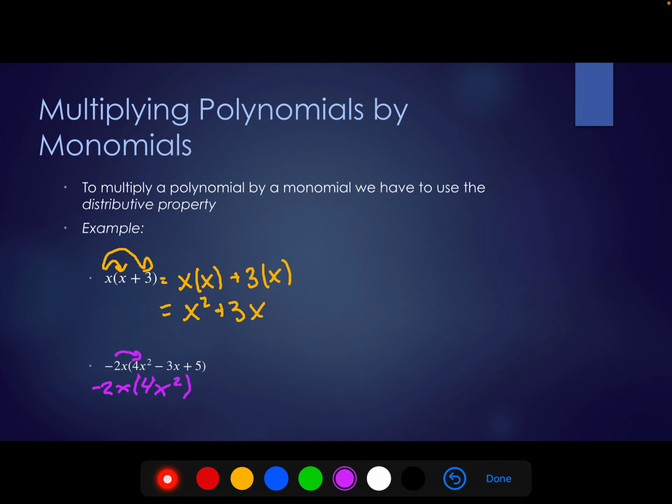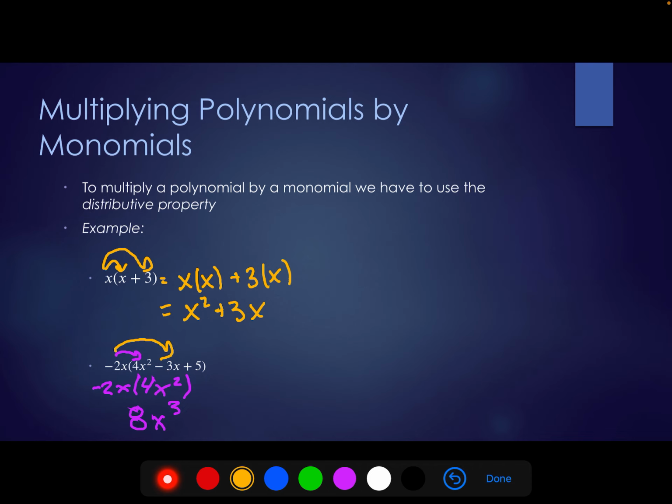And now remember, this is multiplying powers of the same base. So for this, we want to multiply the coefficients first and then multiply our bases. So we do that, and that becomes 8x to the third.